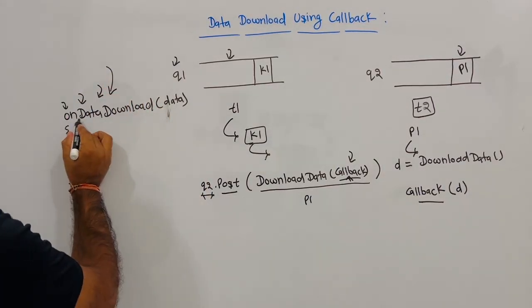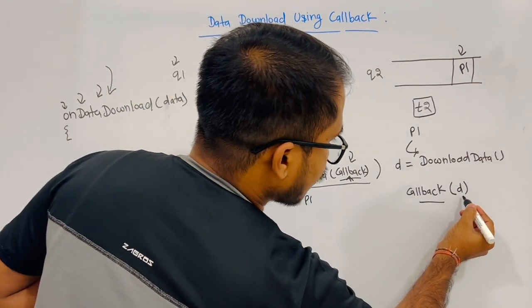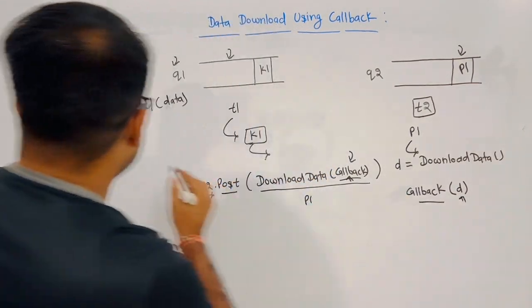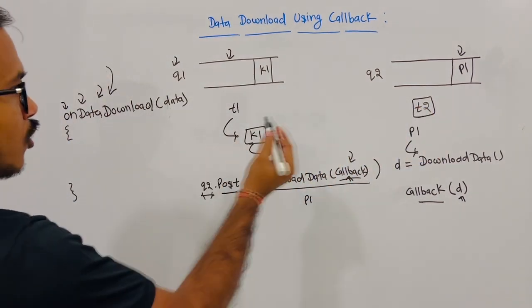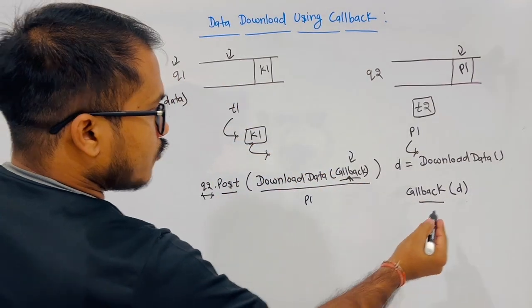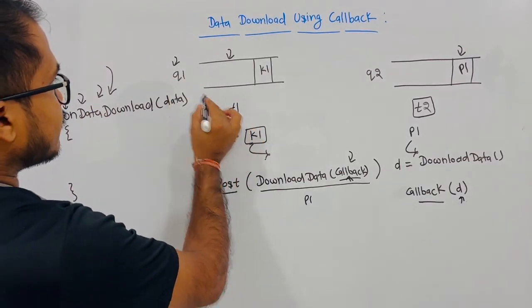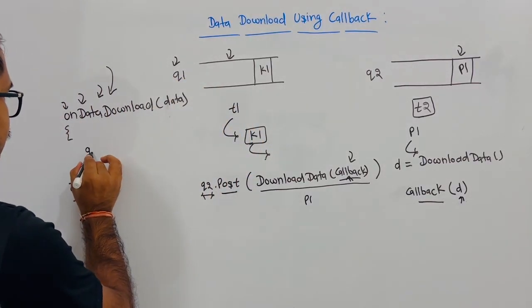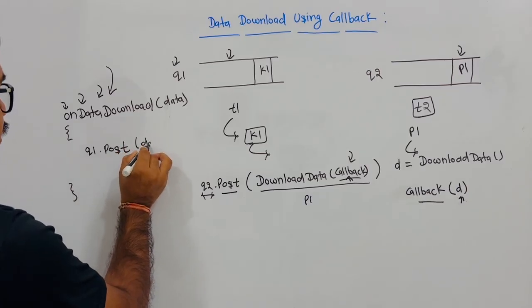And inside this on data download function, what we can do is either we can process this data directly inside this thread, which is T2, or we can again post this task, which is of processing the data, inside the thread T1's queue, that is Q1.post data.